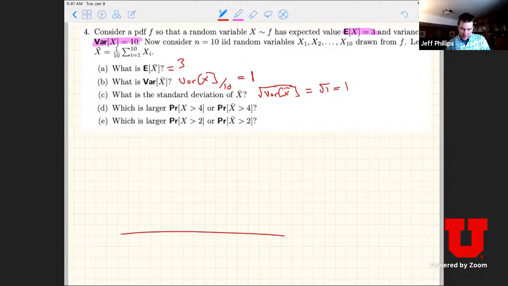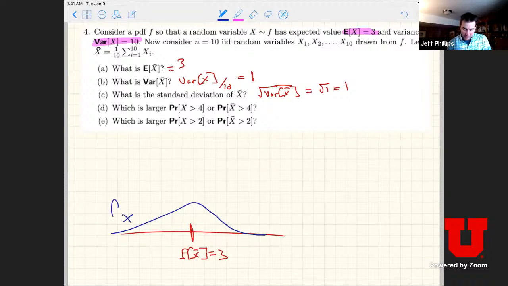We should say that the expected value of x bar is equal to 3, and the expected value of x is equal to 3. Those are the same. We're going to have some distribution for, we don't know what the distribution is, but this is the distribution for x.